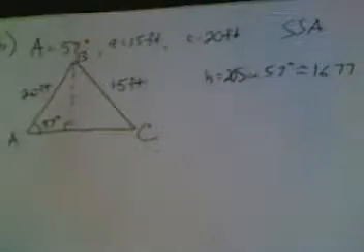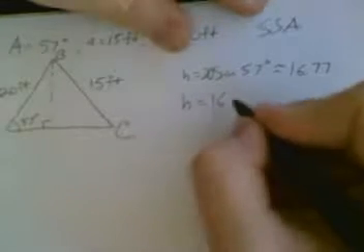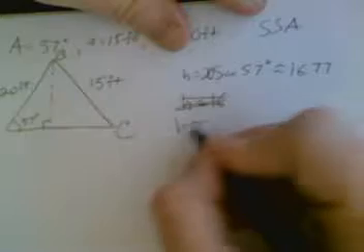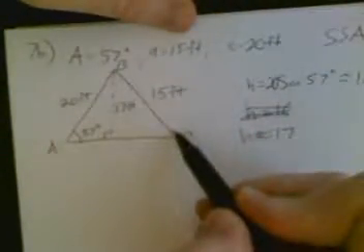Now, let's talk about this actual situation. If my height is approximately 16.77, I'm going to cross that out. H is approximately 17. That means this in here is 17 feet. Let's talk about this 15 feet.